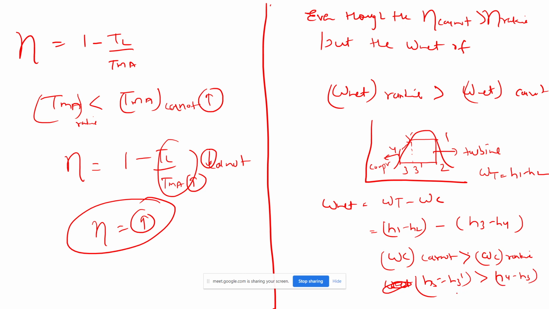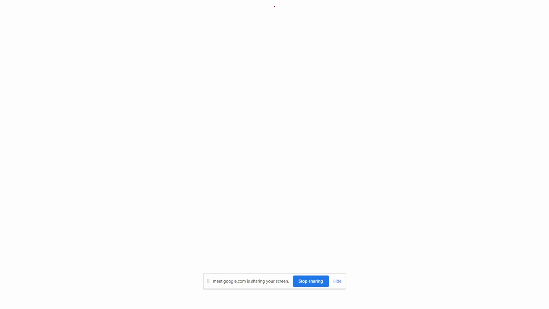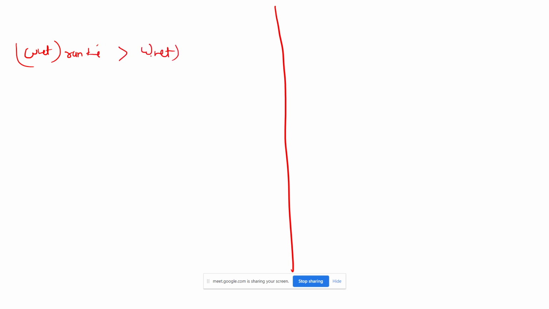That's why the net work output of the Rankine cycle is higher than that of the Carnot cycle, but its efficiency is lower.